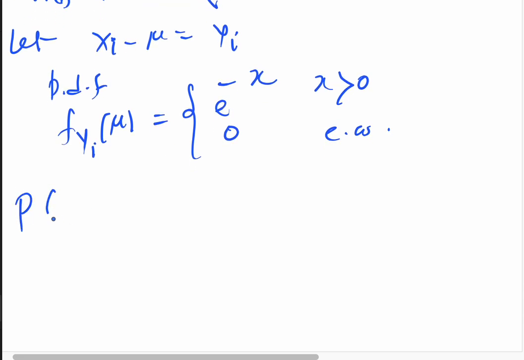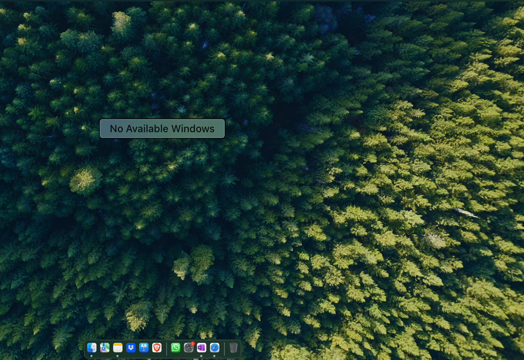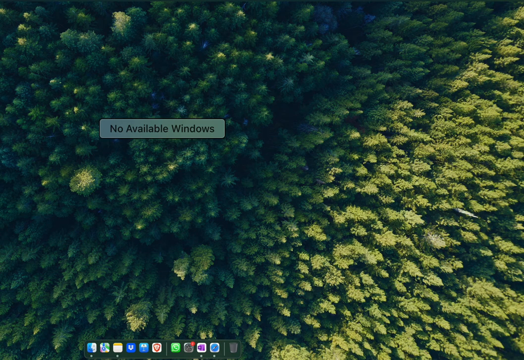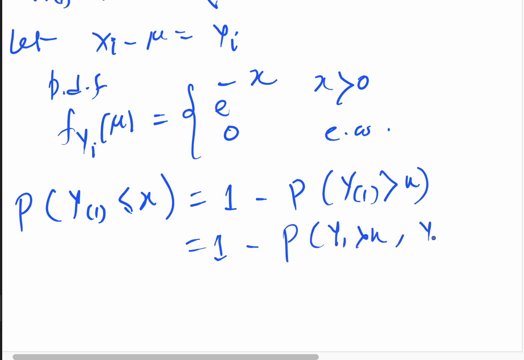Then the probability that y1 less than or equal to x will be 1 minus the probability that y1 greater than x. That means all the variables should be greater than x, so P of y1 greater than x, y2 greater than x and y3 greater than x.